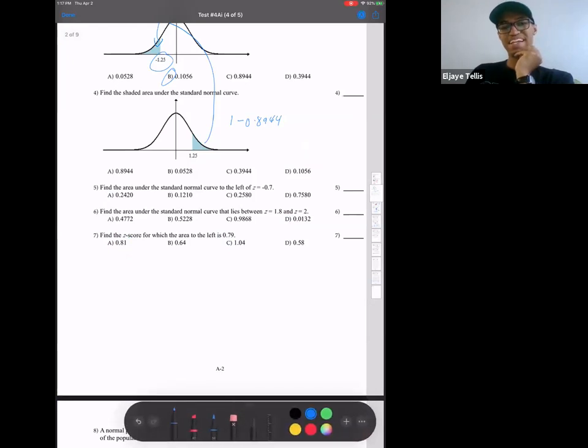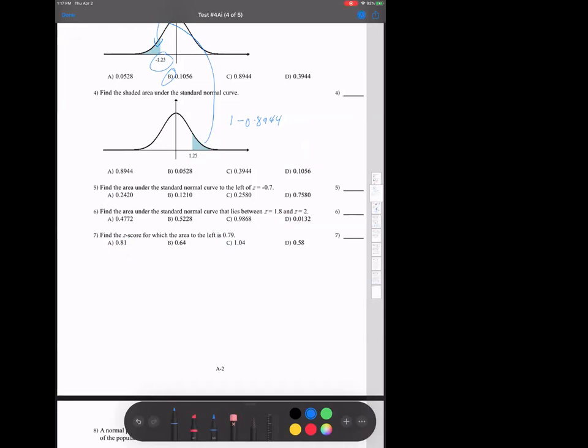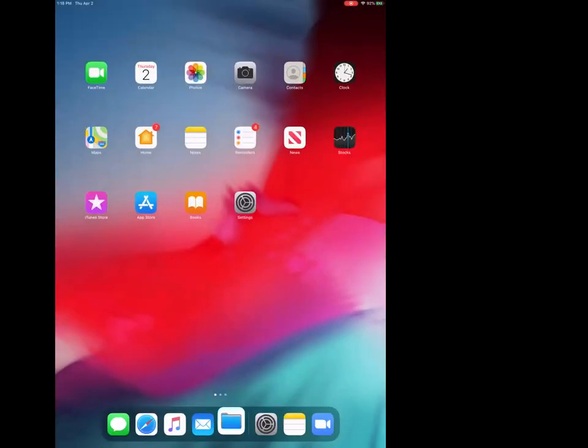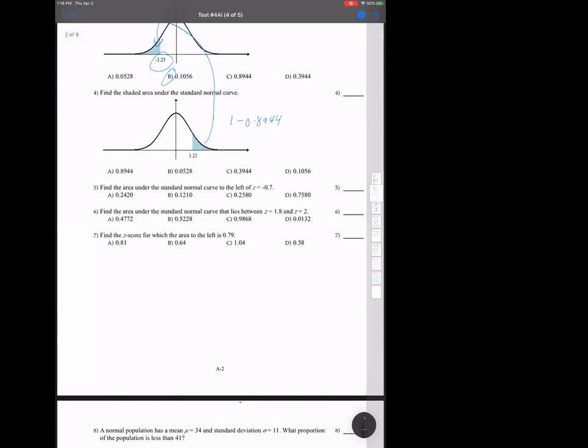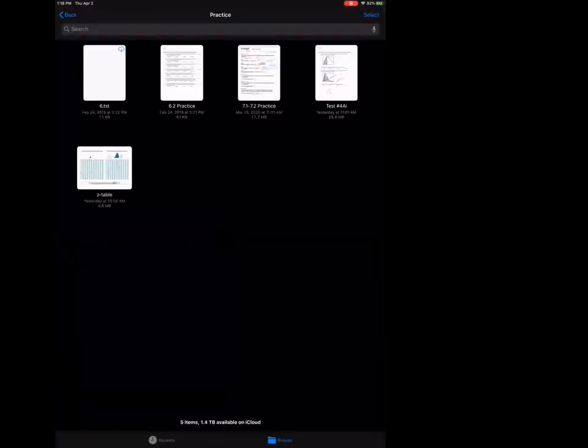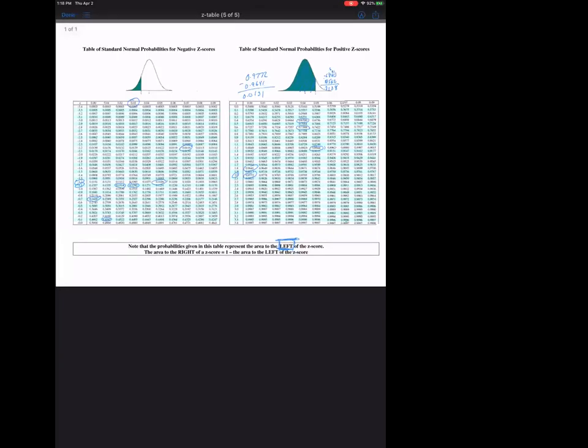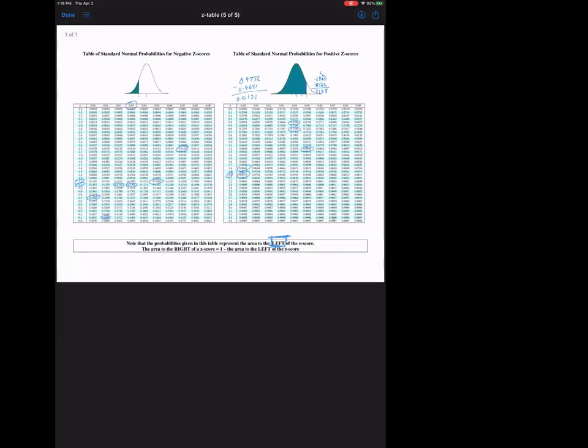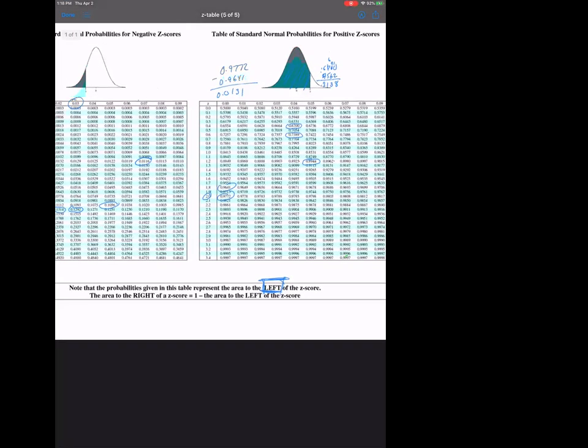Why is it always 1 minus? I'm trying to say 1 minus that answer. Because of the instructions in the table. If you go to the table's instructions, where is the table? Right here. The table says at the bottom, note. See down here? Yeah.